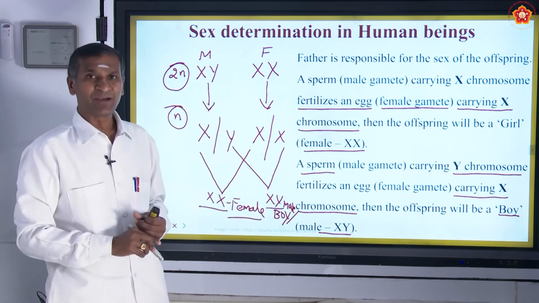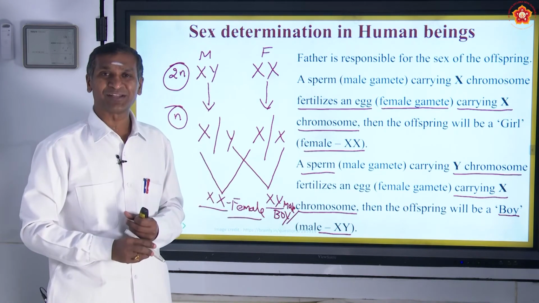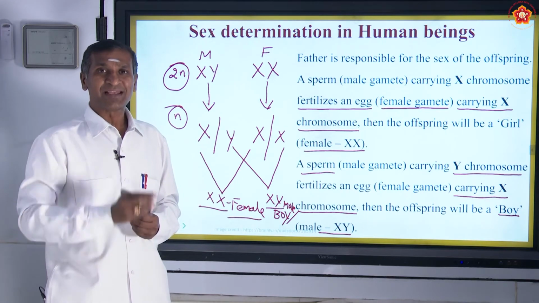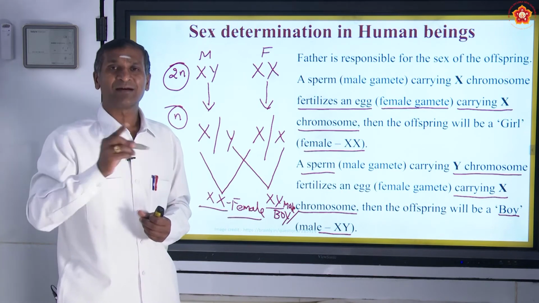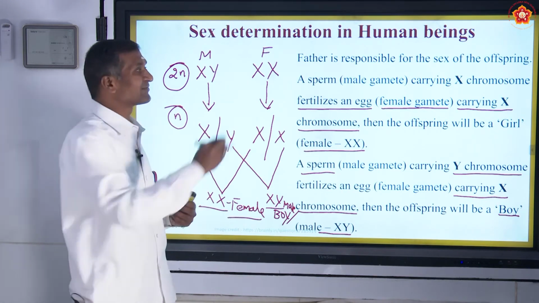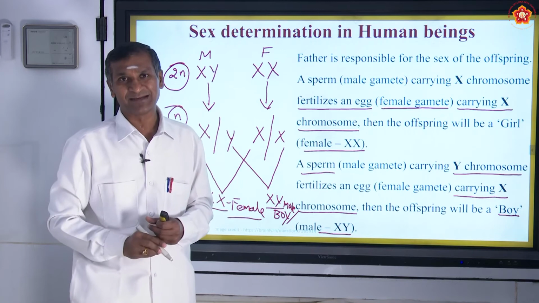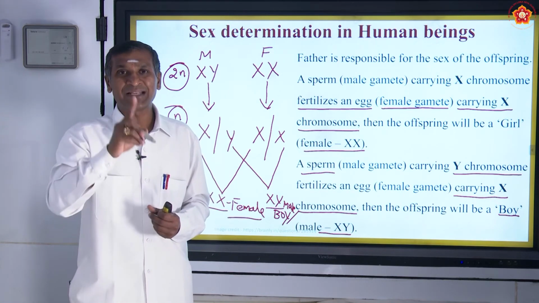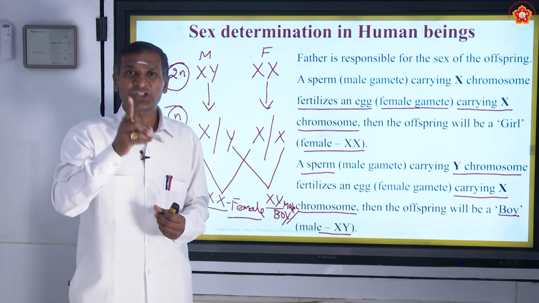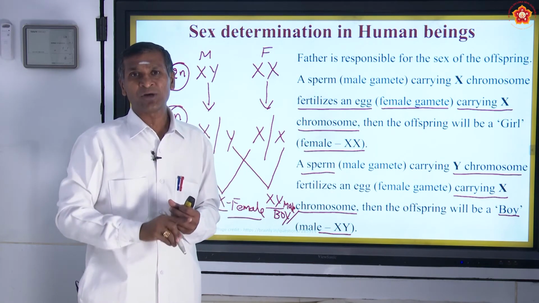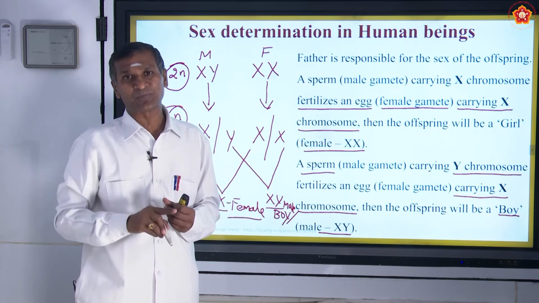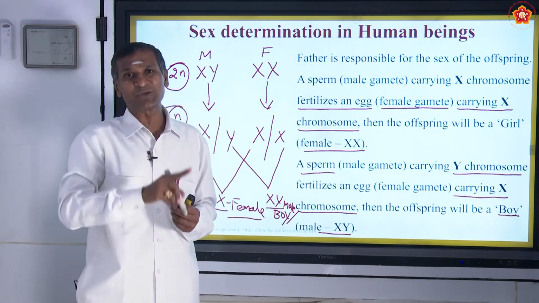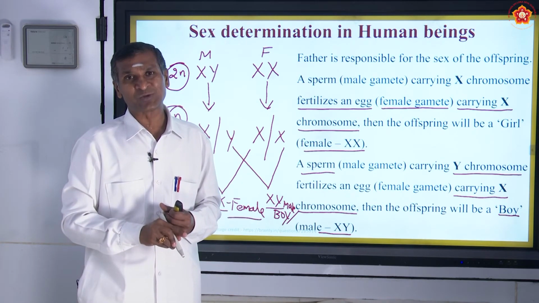So who is responsible for the sex of the individual to be either male or female? Is it father or is it mother? It is father who is responsible because he is heterogametic and he may produce matured X chromosome or matured Y chromosome, but female always produces only X chromosomes.